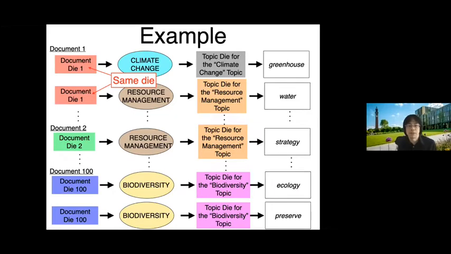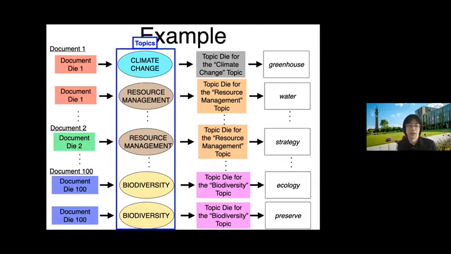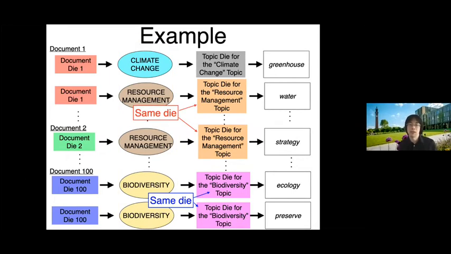Now, once we roll a document-specific die, we get a topic. And for topics, we have a different set of irregular dice. The number of dice we have equals the number of topics. And the number of faces equals the number of word types in the corpus. And the face we get determines the individual words. Again, we use the same die for the same topic and different dice for different topics.